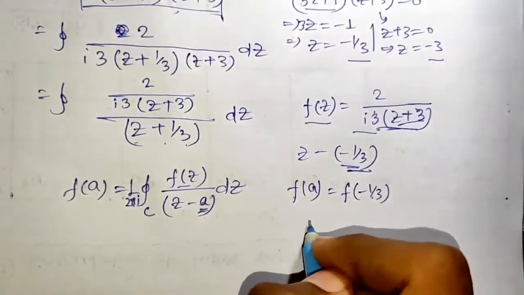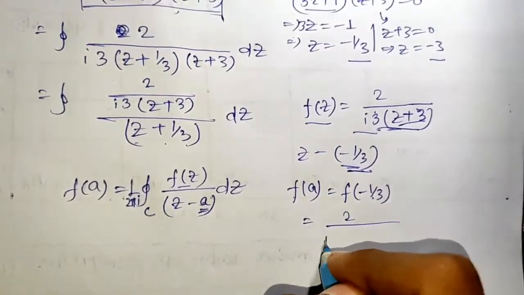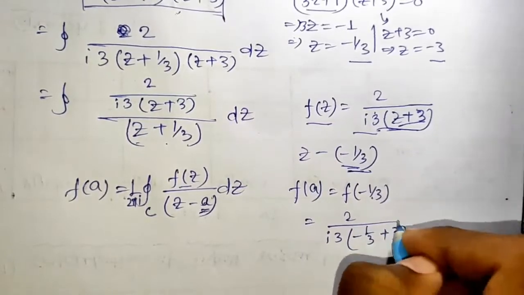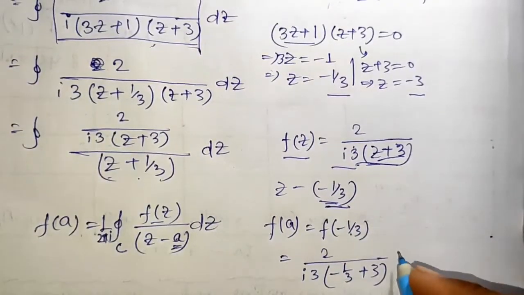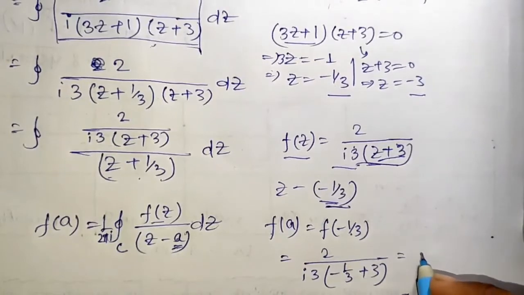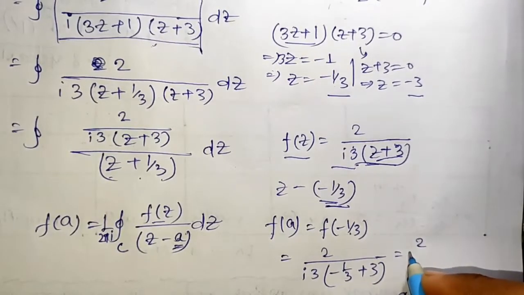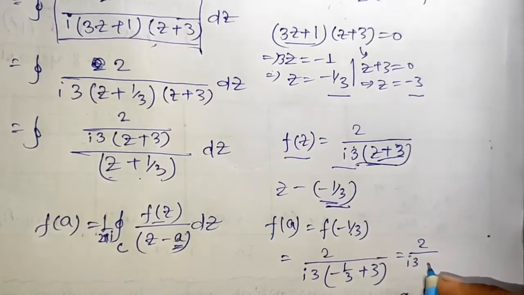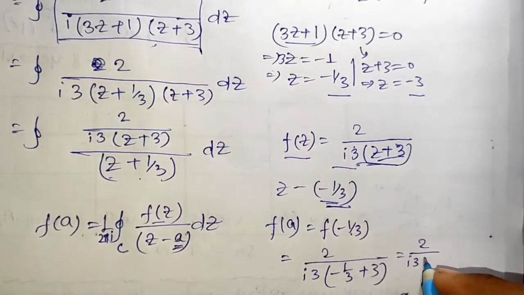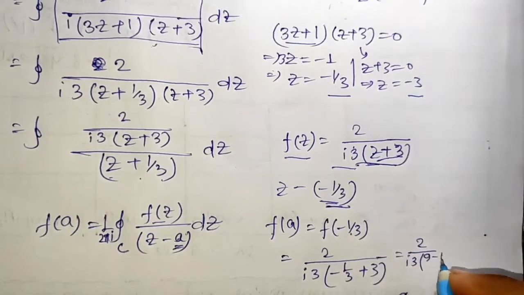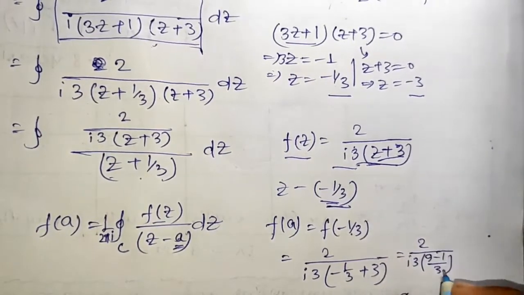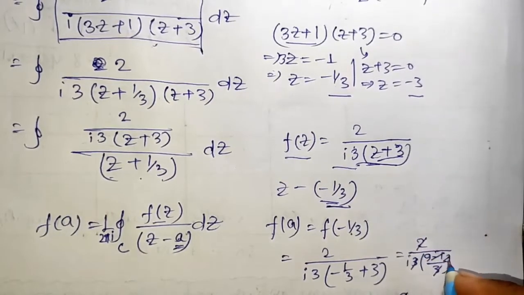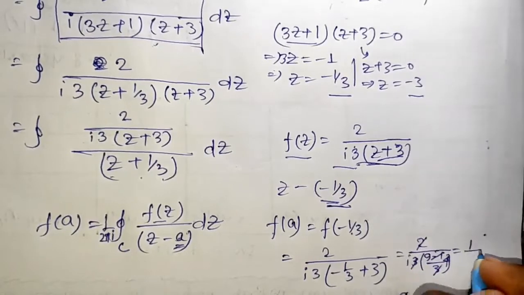So 2 upon i·3 (minus 1 by 3 plus 3). This is 2 upon i·3 into (9 minus 1) by 3. These threes cancel out. 9 minus 1 is 8, and 2 by 8 is 1 by 4. That is 1 upon 4i.